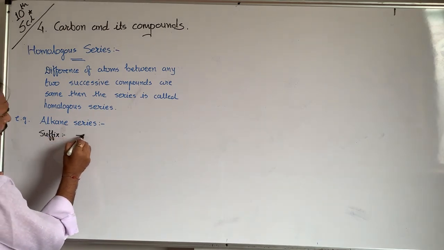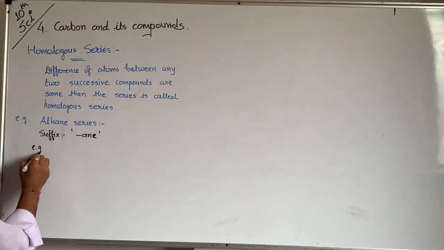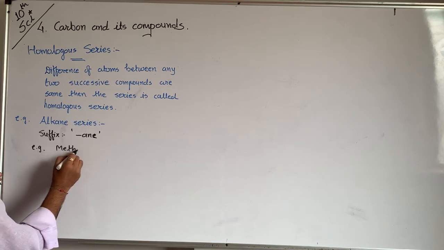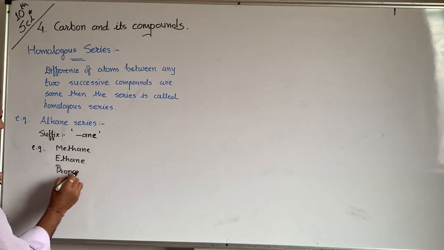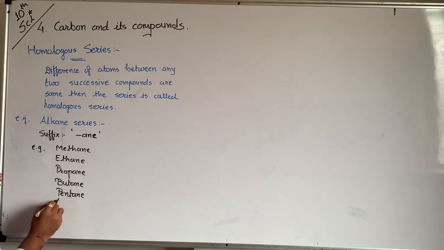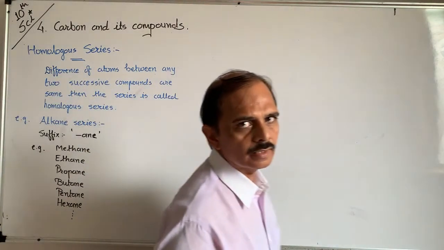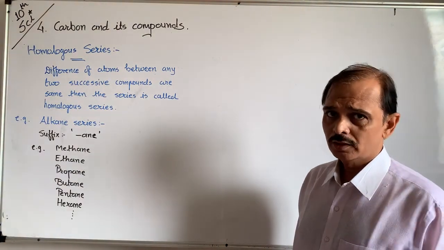For example, methane, ethane, propane, butane, pentane, hexane, and so on. Heptane, octane, nonane, decane, undecane, dodecane, tridecane, tetradecane, pentadecane, hexadecane, heptadecane, octadecane, nonadecane, and so on. They are numerous.